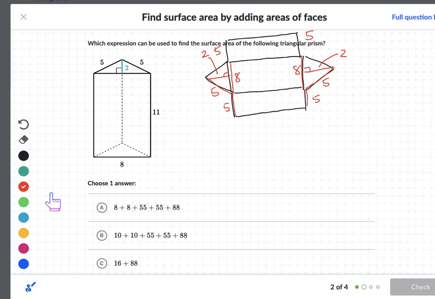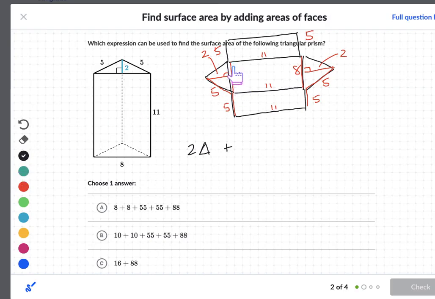Okay, I have a lot of information now. So we know that it's made up of 2 triangles that are exactly the same, plus, oh, I forgot another number, 11. There we go. These will all be 11 because they all match up. I don't think these rectangles are all the same.